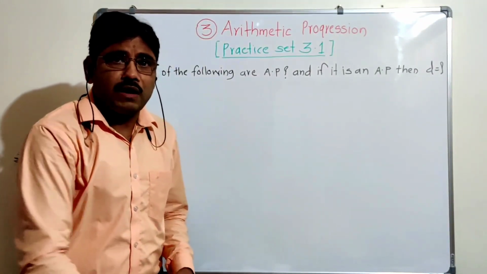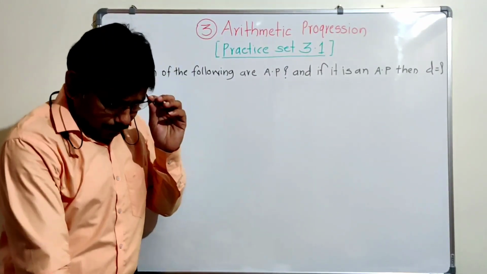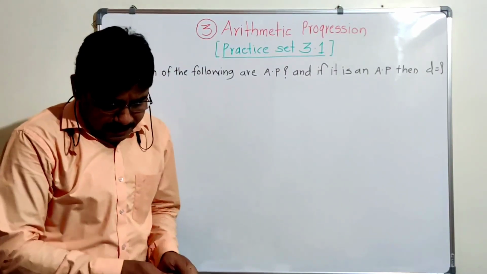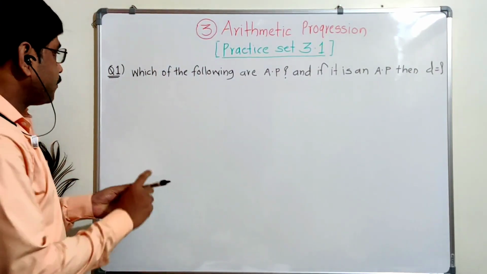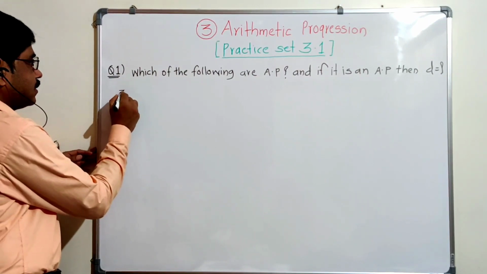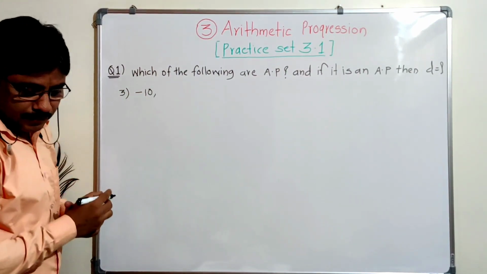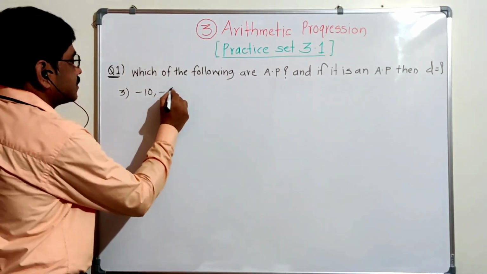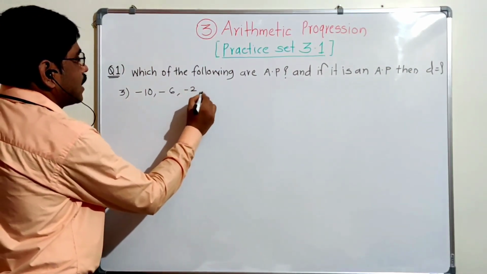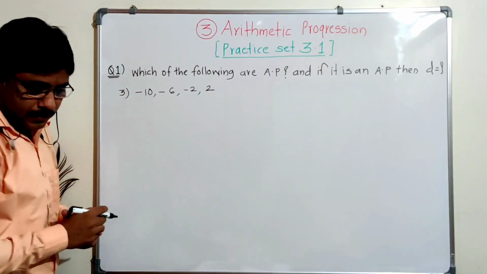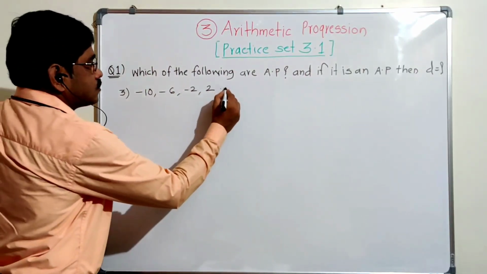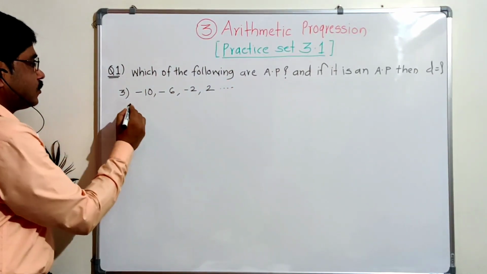Let us see one more sum from this one. Here minus 10, minus 6, minus 2. This is the third example. Negative numbers are there. Minus 10, minus 6, minus 2 and 2. These are the numbers. So first step, write T1, T2.